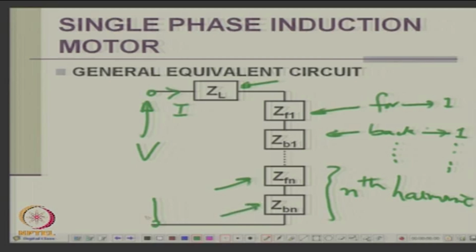Is it okay? Each of them represents a voltage. So, there will be Vf1, Vf2, Vfn, sorry, this is Vb1, Vbn. I hope you are clear about this.